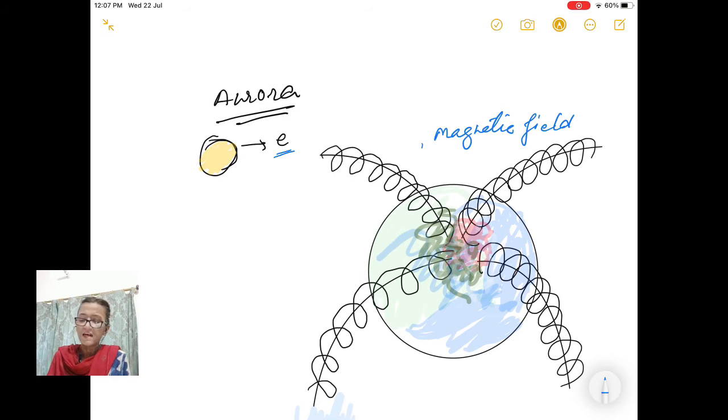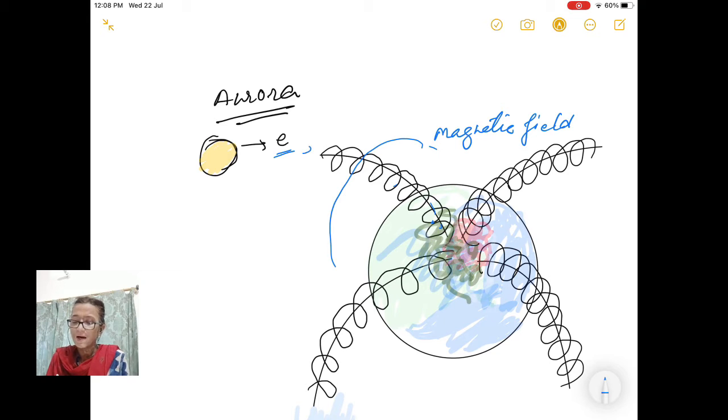As soon as the charges reach Earth's magnetic field, their velocity is not at 90 degrees with the direction of the magnetic field. So the charge starts executing a path of the shape of a helix.